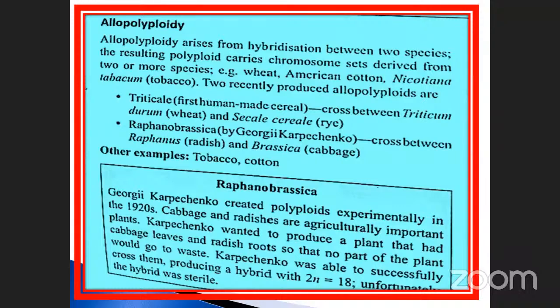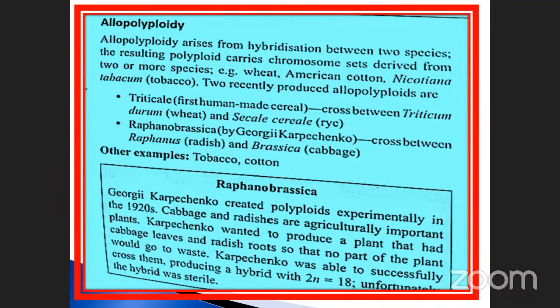Okay, note it down, my dear students. This is very, very important. Likewise, another one is also, see here, Raphanobrassica, by Karpechenko. Okay, the name of the scientist has been given here.